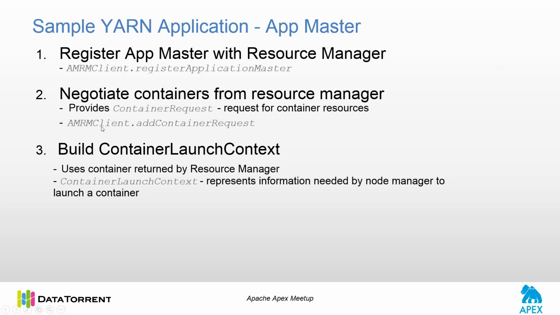You again use this AMRM client protocol and you add the container request. You request for the containers. Once the resource manager has identified the containers for you, it will return back with a list of allocated containers.